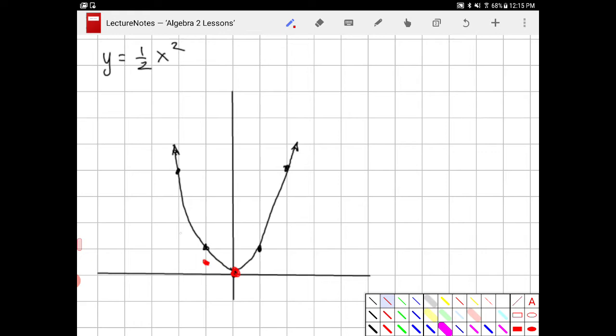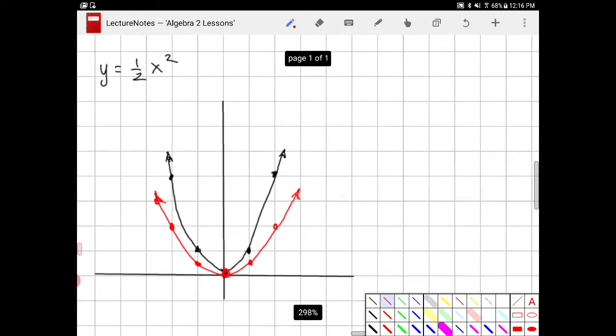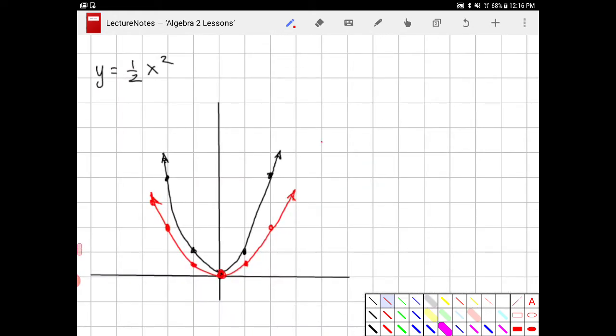However, these points end up looking like this. So the description here is, what's the result of this? The parabola is compressed, vertically compressed.